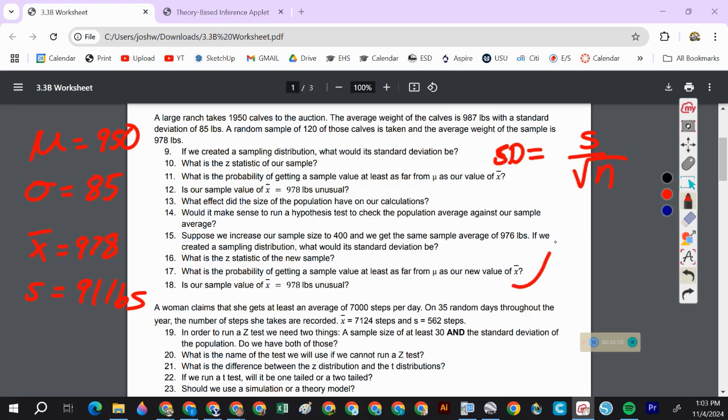Which means that 978, this distance here is 8.3 in our sampling distribution. Okay, so what is the z-score of our sample? Well, how far away was our sample from the expected value?